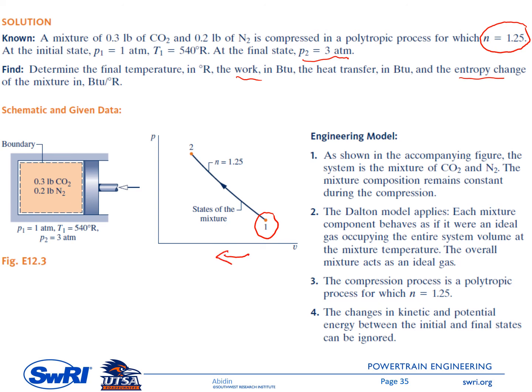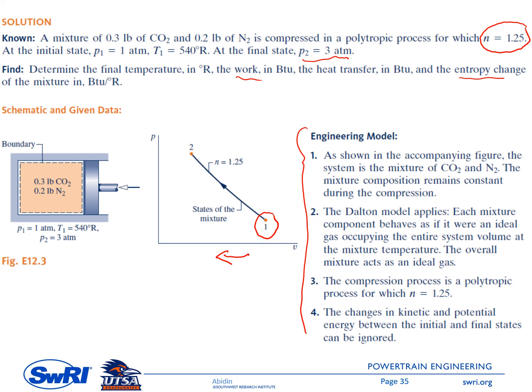And then on the right side is the list of the assumptions or engineering model. Assumption 1: this is a closed system, so it is a control mass, with a mixture of CO2 and N2. The mixture composition remains constant during the compression process. Assumption 2: we can apply the Dalton model, so each mixture component behaves as if it were an ideal gas occupying the entire system volume at the mixture temperature, and the overall mixture acts as an ideal gas.